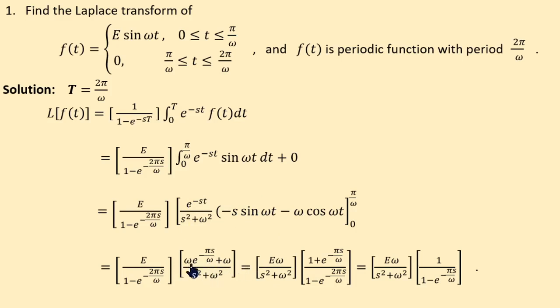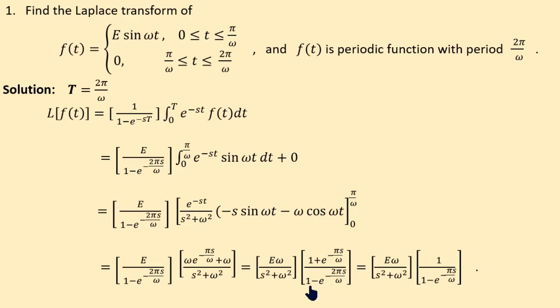Now taking this omega common outside, e omega by s square plus omega square, the numerator is 1 plus e power minus pi s by omega. The denominator is 1 minus e power minus 2 pi s by omega, and this is nothing but 1 plus x by 1 minus x square.